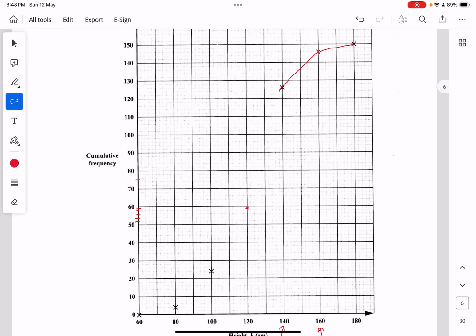Now it's supposed to be a continuous movement, right? But like I said, it is a little smooth. So I'm going to do my best. Okay, it's good so far.